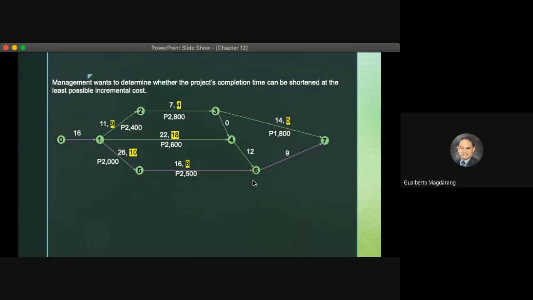After determining the critical path, you need to choose the lowest incremental cost. So between 2000 and 2005, the lowest incremental cost is 2000.